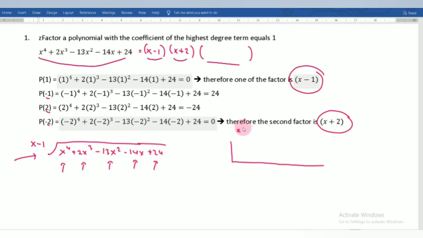This belongs to x to the fourth power, this belongs to x cubed, x squared, x, and no x, which is like x to the 0 power. So just put the coefficients. The coefficient of x to the fourth power is 1. The coefficient of the cube is 2. And this one is negative 13. The next one is negative 14. And this one is 24.